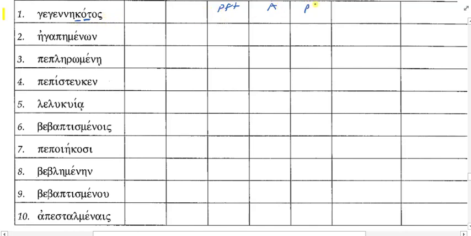And participle. Look at your case ending here after the tau. What's OST telling you for case, gender, number? Genitive, singular, masculine, or neuter. Okay? What's my lexical form? It's genao.